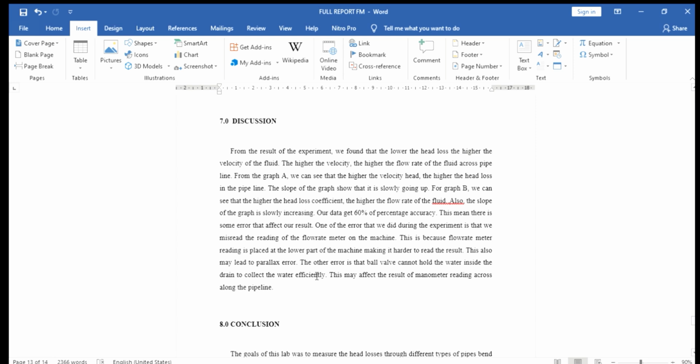We can say that the ball valve is actually smaller than the hole for the drain, so the water cannot be collected well. So our data from the experiment is slightly different from the calculated one, and this may affect the result for the manometer reading across the pipeline.